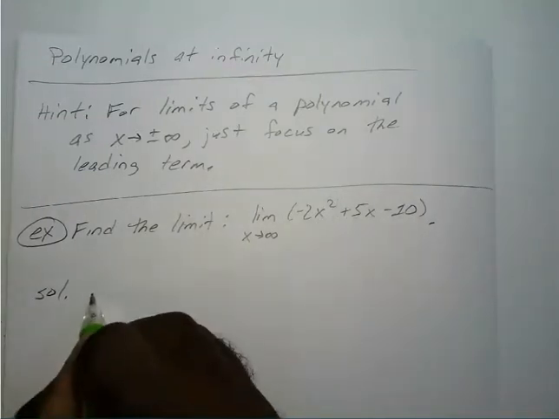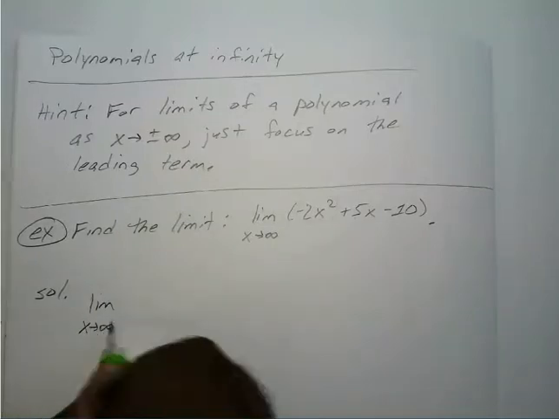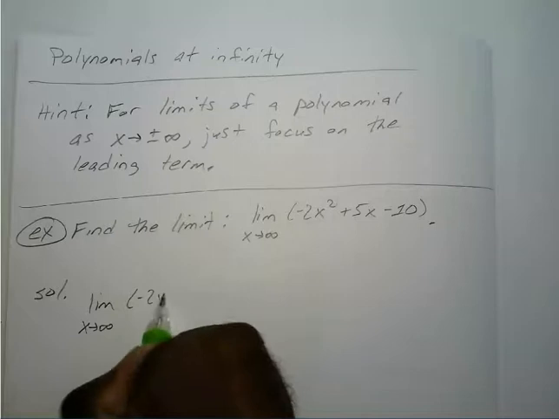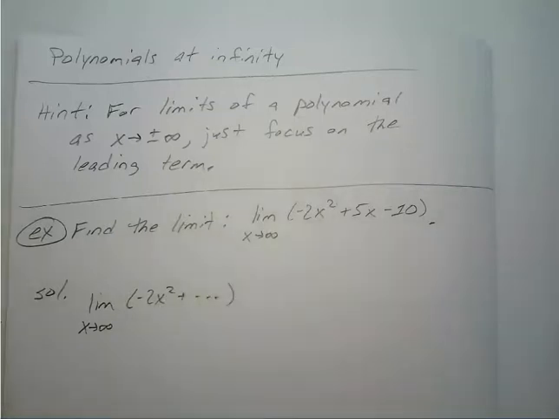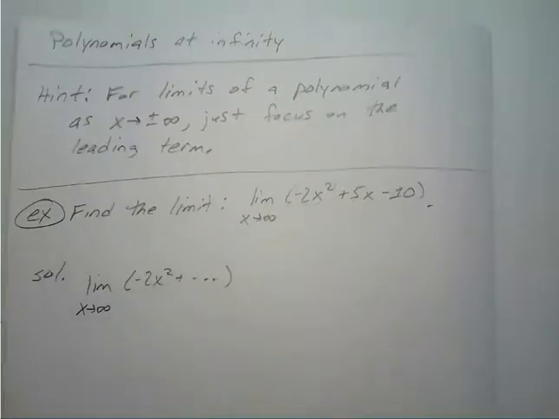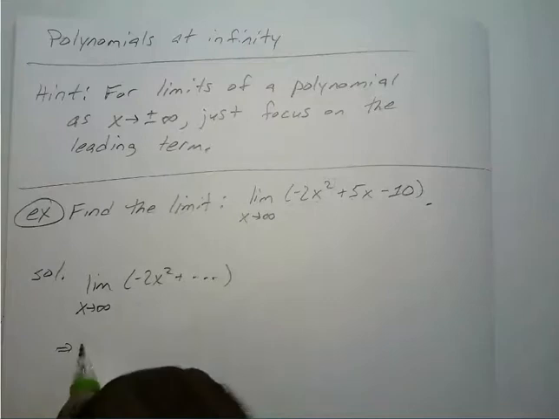Okay, so we have the limit as x approaches infinity of negative 2x squared plus, and we don't even worry about the rest. Okay, so now we look at the behavior of this one term. So x approaches infinity, what does that tell us?